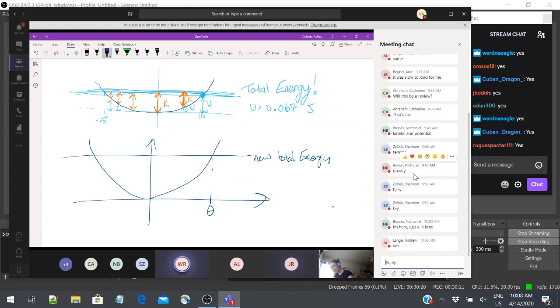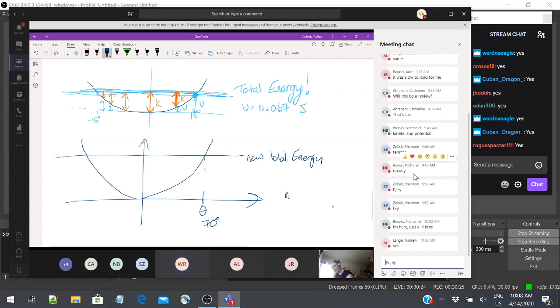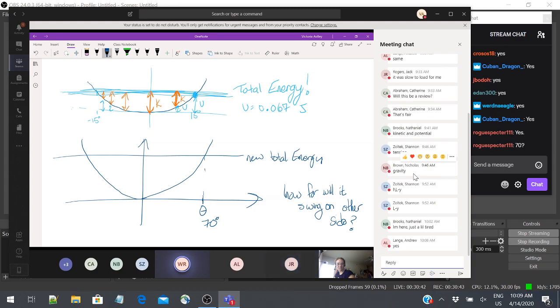If I pull it to, let's say this is 70 degrees, how far will it swing on the other side? 70, yep. It's going to swing down, swing back up, swing down, swing back up, swing down, swing back up, swing down, swing back up.